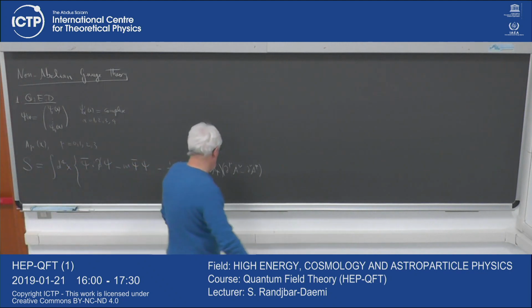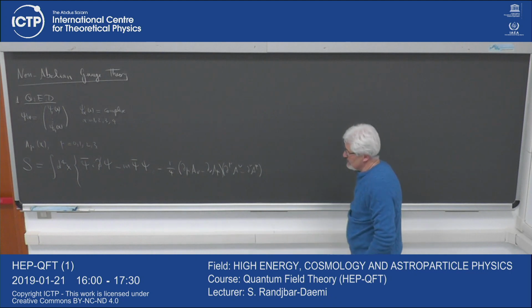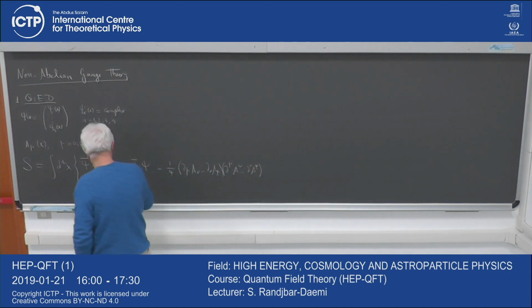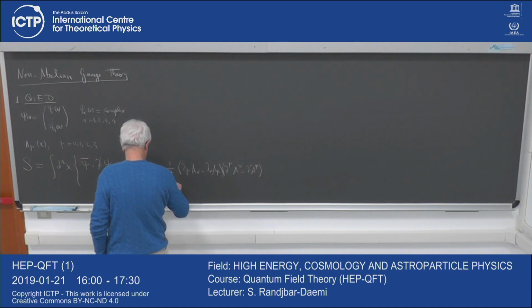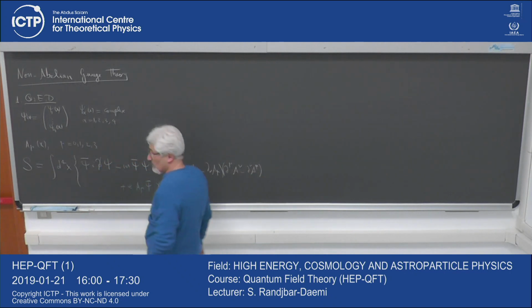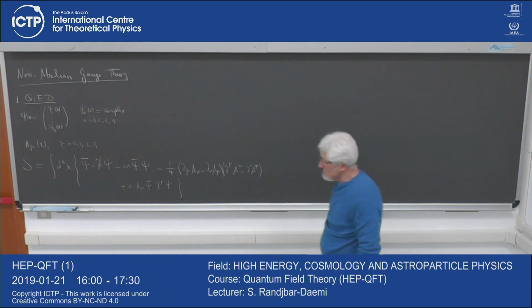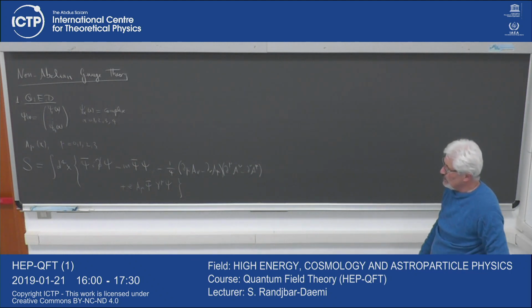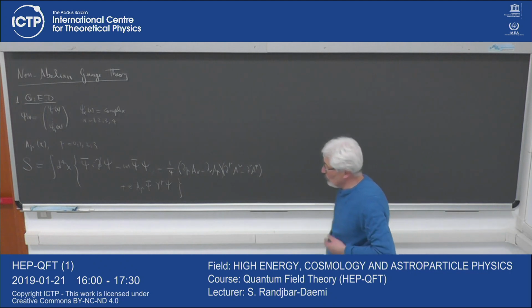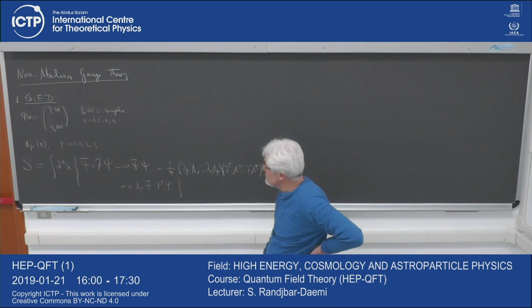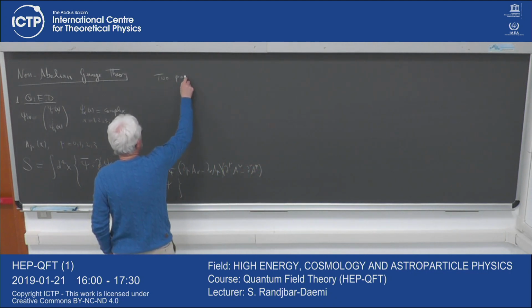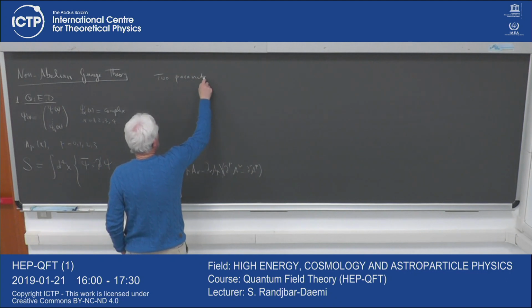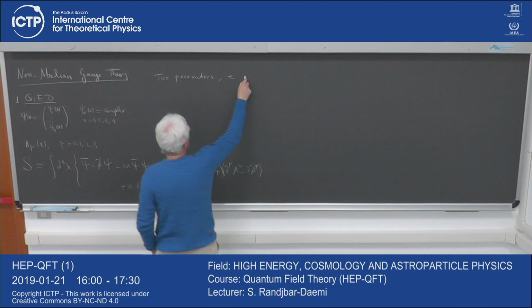Okay? And there is one extra piece. The extra piece is a term which involves three fields, and it's a coupling of psi and A. This is all there is to quantum electrodynamics. It has two parameters, E and M.